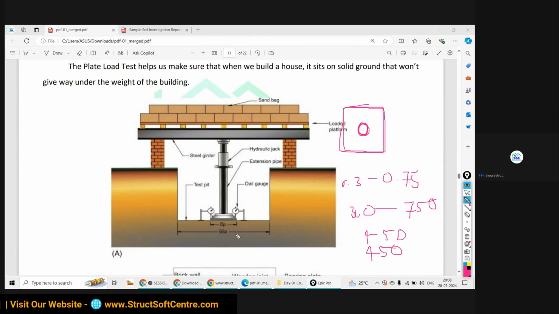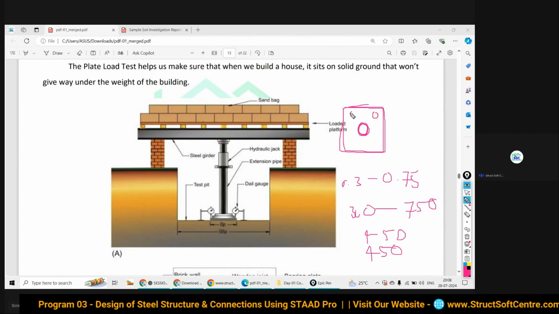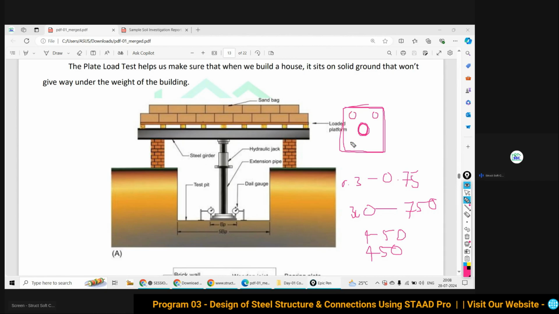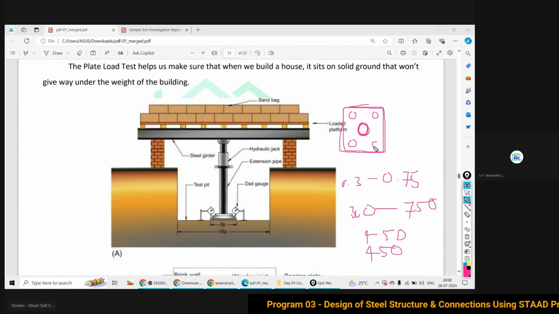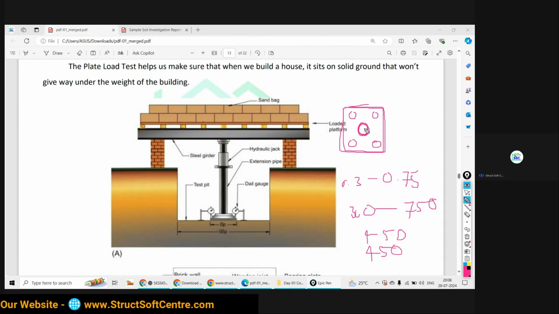And at these four corners, not three, not two, minimum four dial recording gauges are going to be set at the four corners of the plate. Through this system we are going to apply the pressure.